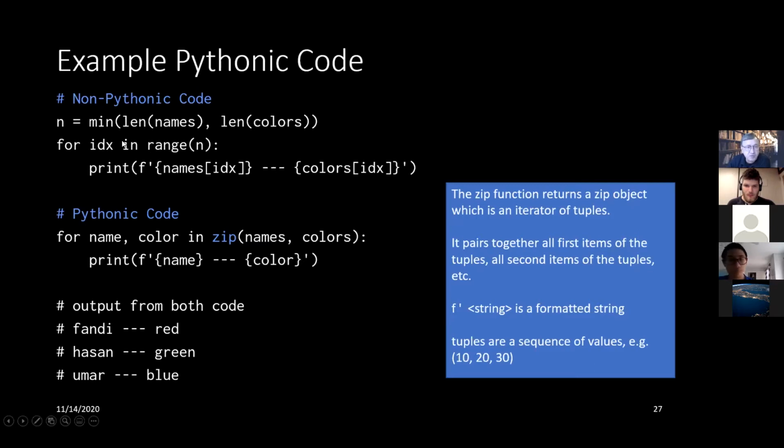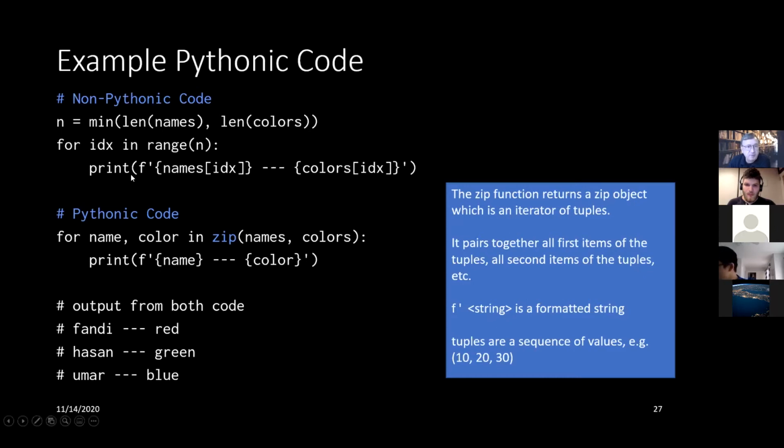Then we're going to loop in the range of n, which means we're going to loop where a variable idx is going to go from 0 to n. That's what the range function does, it gives us a range of values to iterate over, an integer range of numbers. So idx is going to be 0 and then 1 and then 2 up to n minus 1.